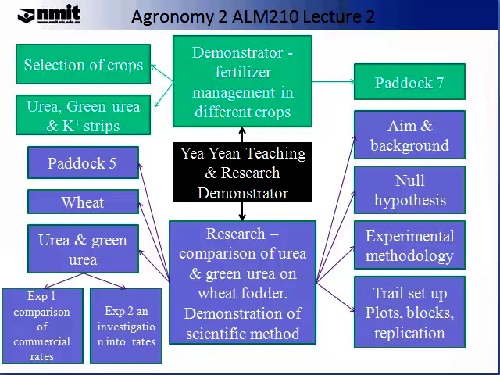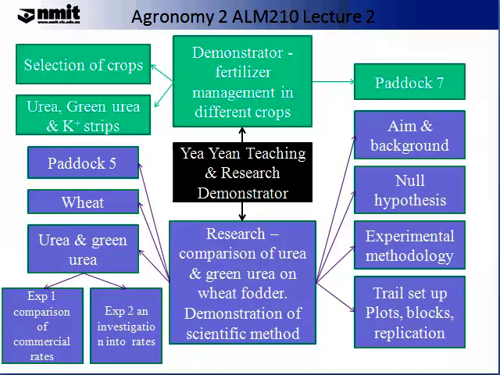We have different crops selected, and we have applied strips across all of those crops of urea, green urea, and potassium. There has been no replication of this, and we are not trying to prove a hypothesis. We're just demonstrating what these components may or may not look like.